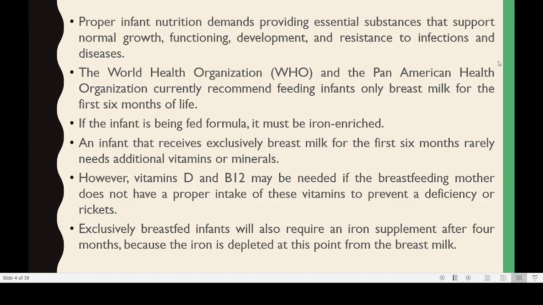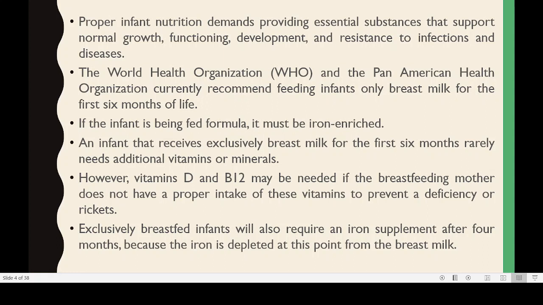An infant that receives exclusively breast milk for the first 6 months rarely needs additional vitamins or minerals. That is another advantage, because breast milk contains almost all the nutrients, all the requirements. There is no need for providing any other vitamins or minerals.